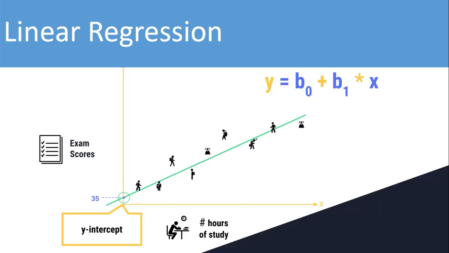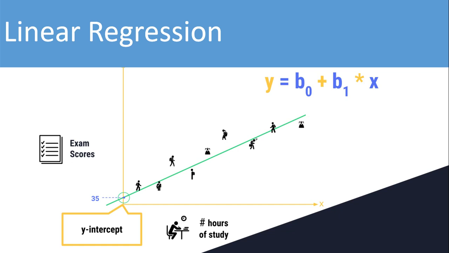Linear regression uses a graph, a Cartesian plane, to show an examination score, starting at 35 marks and decreasing depending on a linear equation. Suppose we use the formula y = b0 + b1 * x.